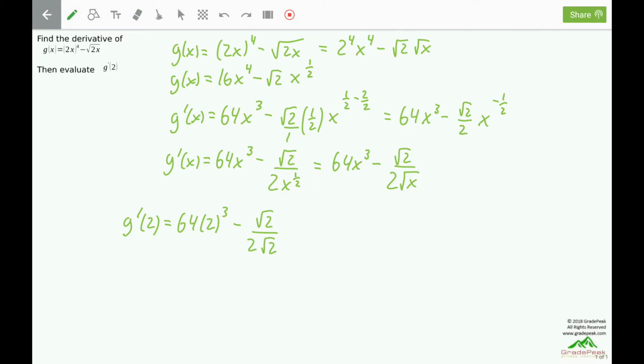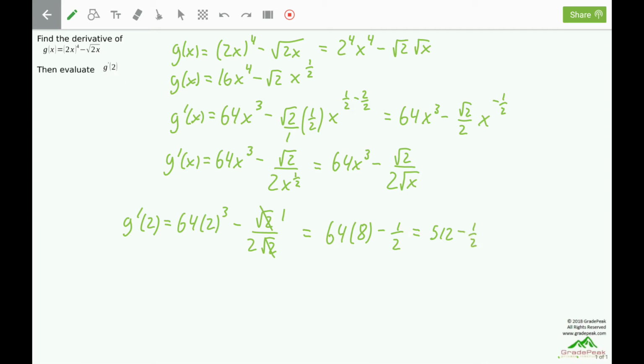The square root of 2's can cancel in that fraction, leaving a 1 in the numerator. So we'll have 64 times 2 cubed. 2 times 2 is 4, times 1 more 2 is an 8. Minus 1 over 2. 64 times 8 is 512.